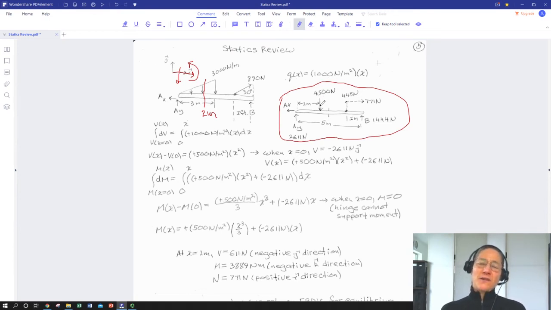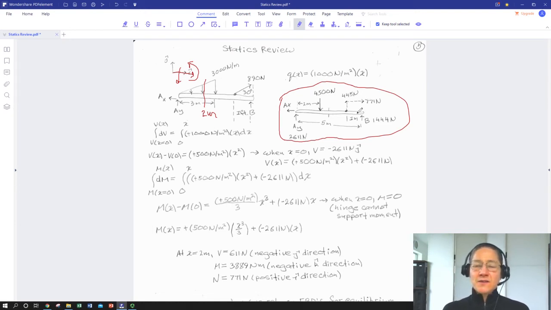So we have 4,500 newtons, the equivalent resultant force representing that triangular distributed load, positioned 2 meters from point A. And then we've resolved our 890 newton point load, or concentrated load, acting 1 foot to the left of point B, into 445 newtons upward and 771 newtons parallel to the beam axis.